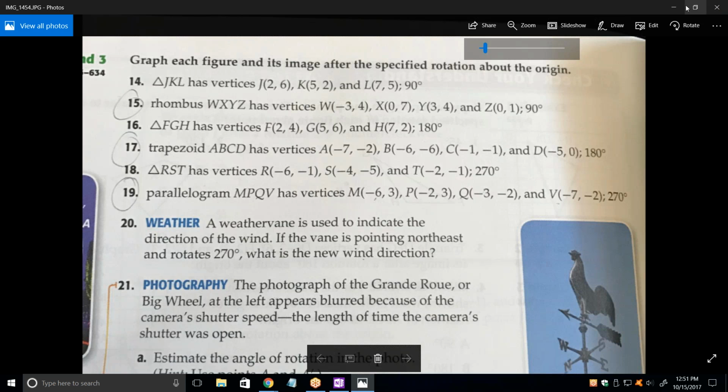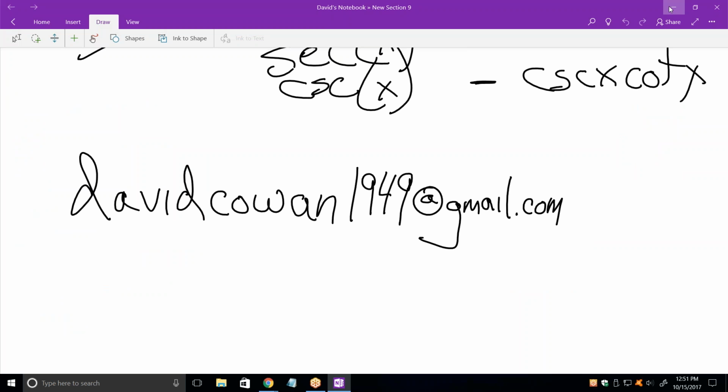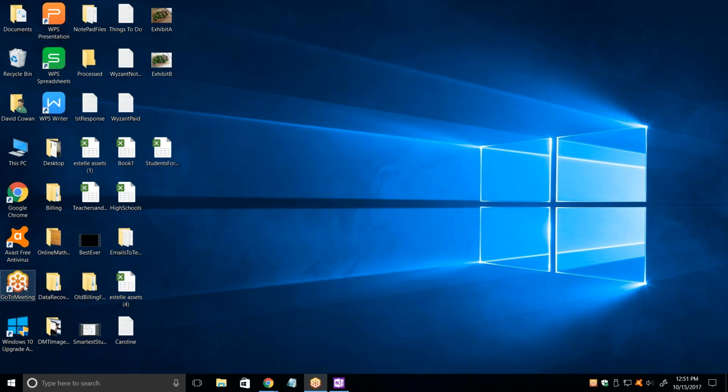Well, before you go, let's have a look at my screen so you see what that icon looks like. See that icon, go to meeting? You should have that icon on your desktop right now. Do you? Hold on. You've got to minimize your GoToMeeting control panel in order to see your desktop, probably.